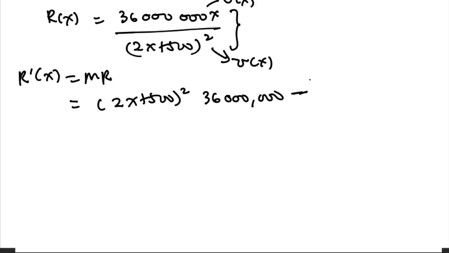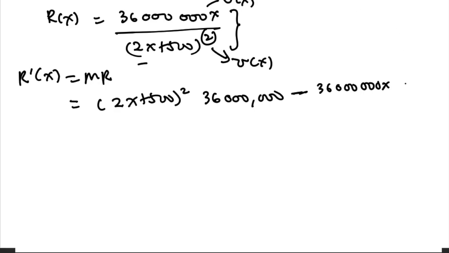And then you put a minus sign. Now, you rewrite again 36 million x, but multiplied by the derivative of v(x), or v prime x. When you differentiate it, you see a power here, you see x here, then we can use the chain rule. The specific chain rule here is the power rule.